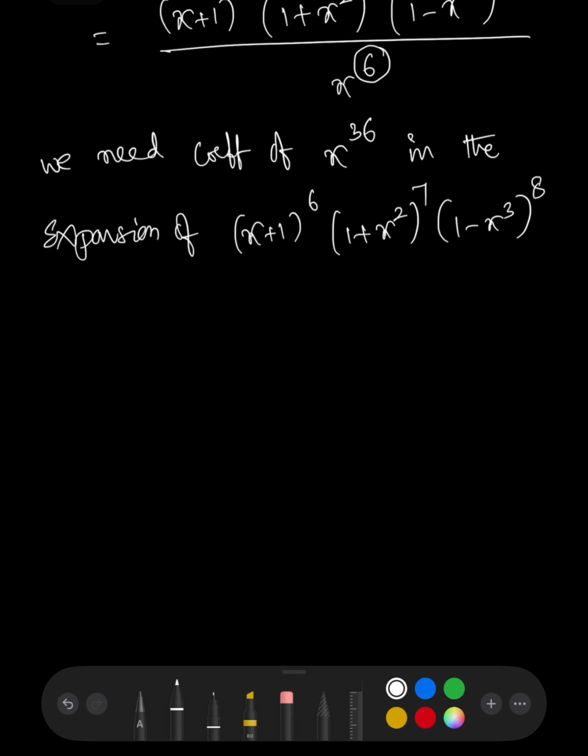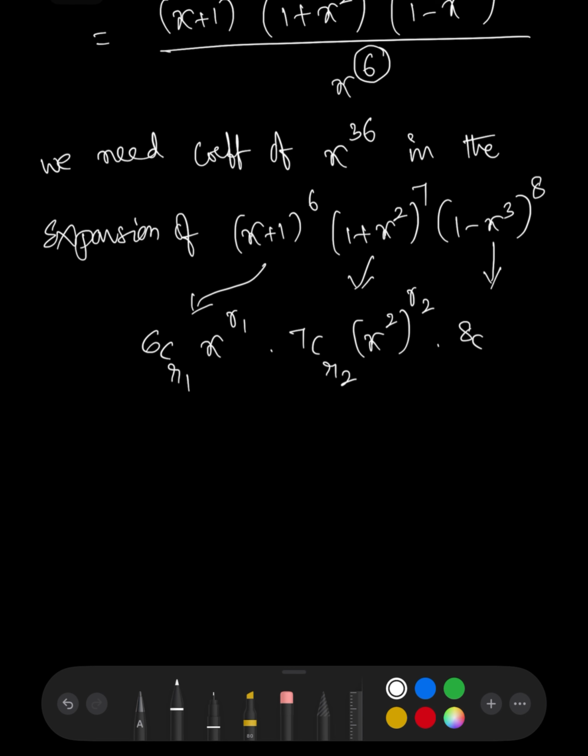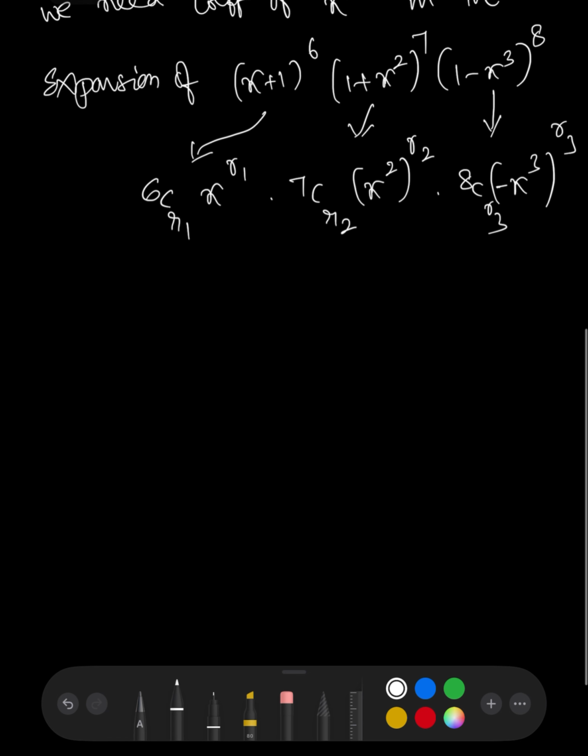Now the general term of each binomial: for (x + 1) whole power 6 it is 6C r1 x power r1, then 7C r2 x² whole power r2, and 8C r3 x³ whole power r3 with minus sign.